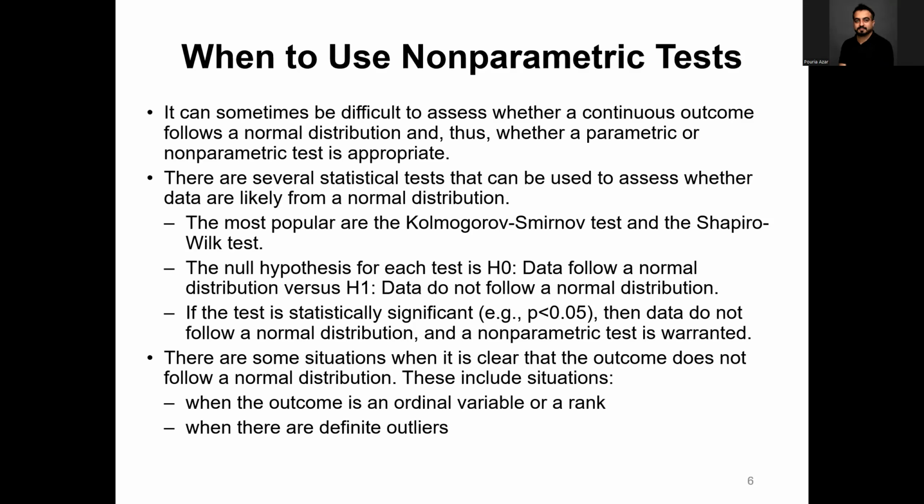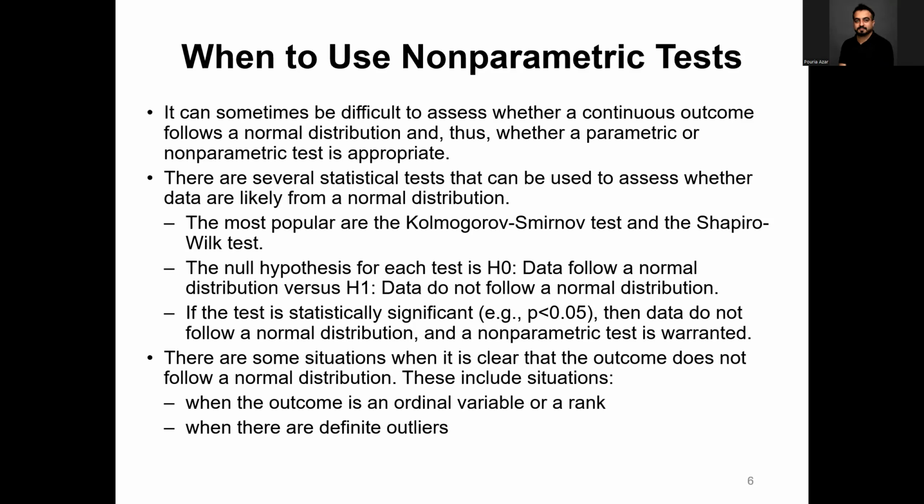So in those cases, we would go with a non-parametric test. And in those cases, it is impossible to correct data. We cannot just transform an ordinal variable or a rank variable to correct the data and try a parametric test. So we would just stick with a non-parametric test.